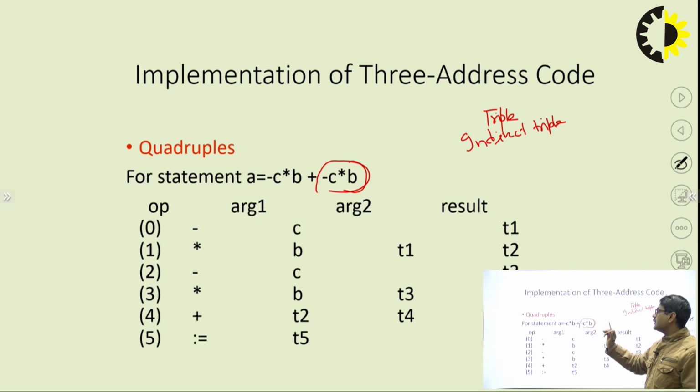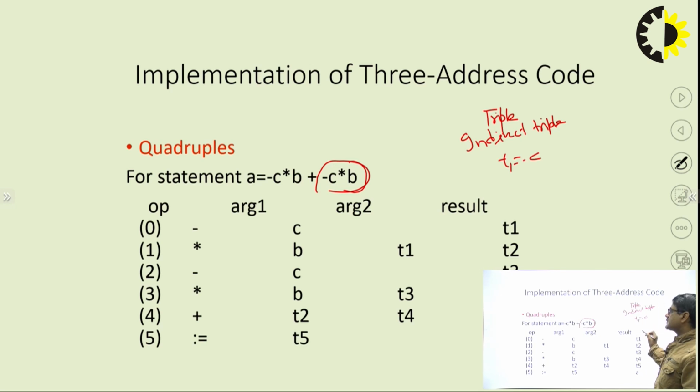If you want to convert this particular expression into this part, there is an in-between procedure. Firstly, you have to convert this expression into 3 address code. So I am going to convert it.